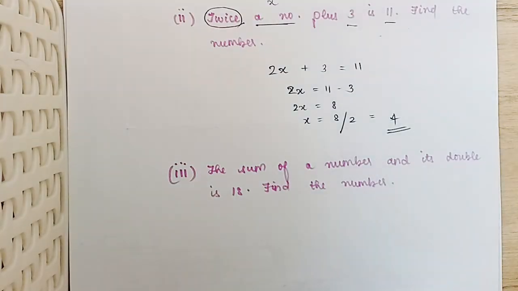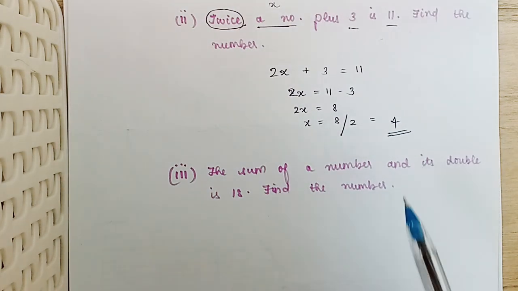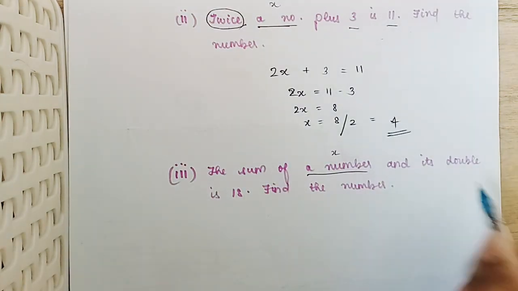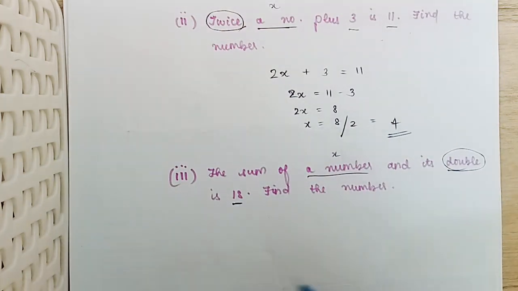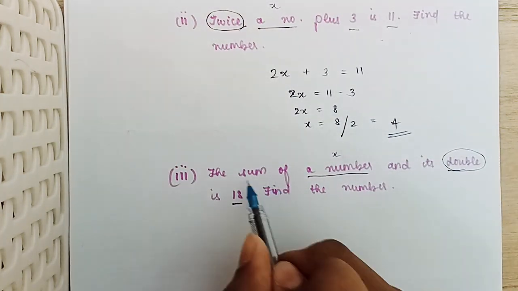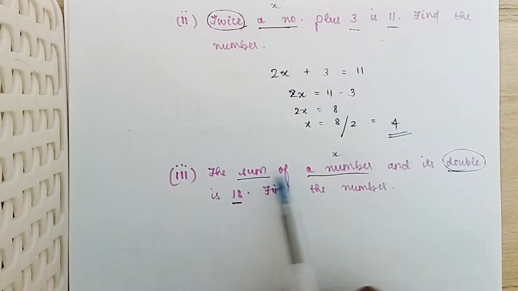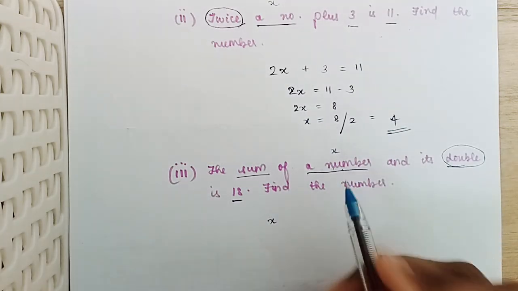So the question is, the sum of a number and its double is 18. Find the number. So again, mark what all are given. A number, so we know it as x. Its double, keep that aside, 18. So form the equation. And then here it is given a sum. So sum means addition. So the sum of a number, that means x is added with something.